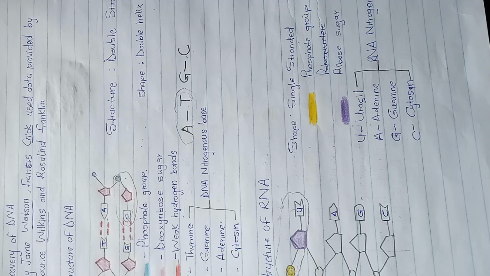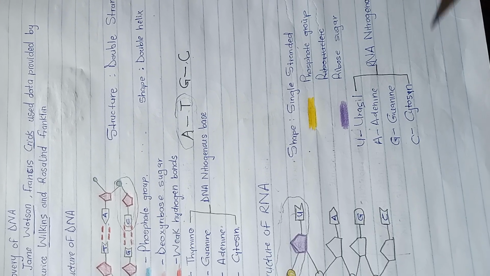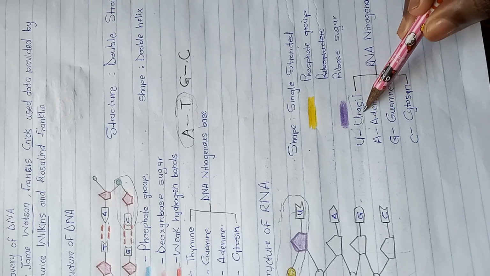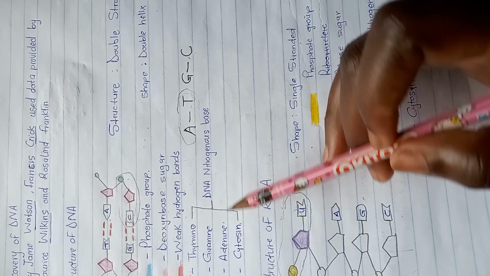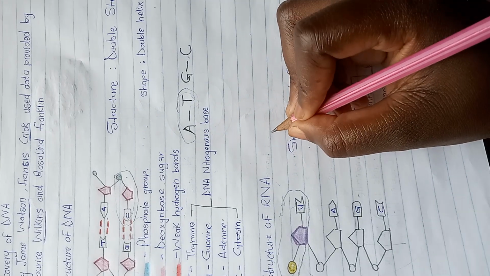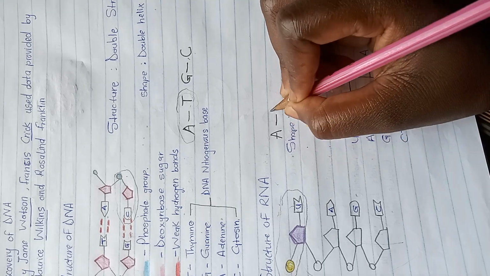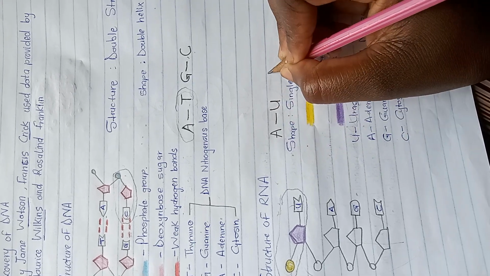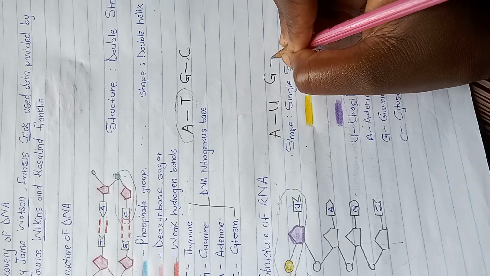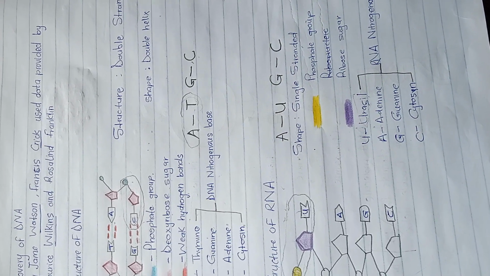And then I told you that there's going to be a certain change as well in the nitrogenous bases. You see there, we now have uracil instead of thymine. Exactly. Now that means that here, adenine will pair with uracil, and guanine stays pairing with cytosine. You see? Don't forget these.